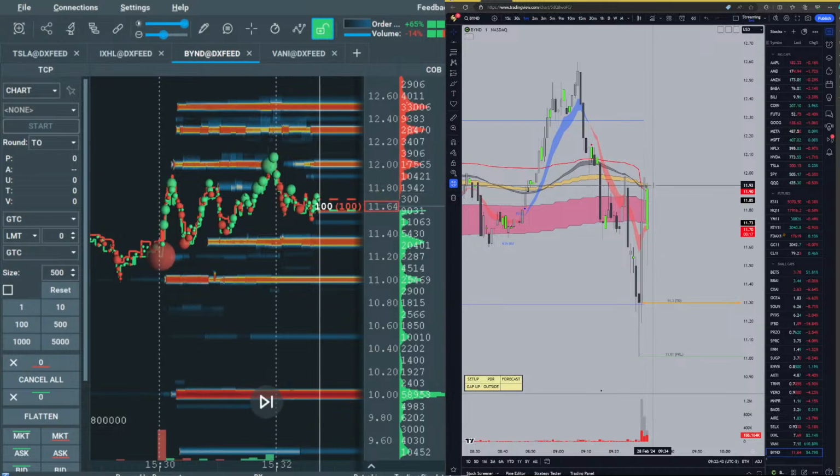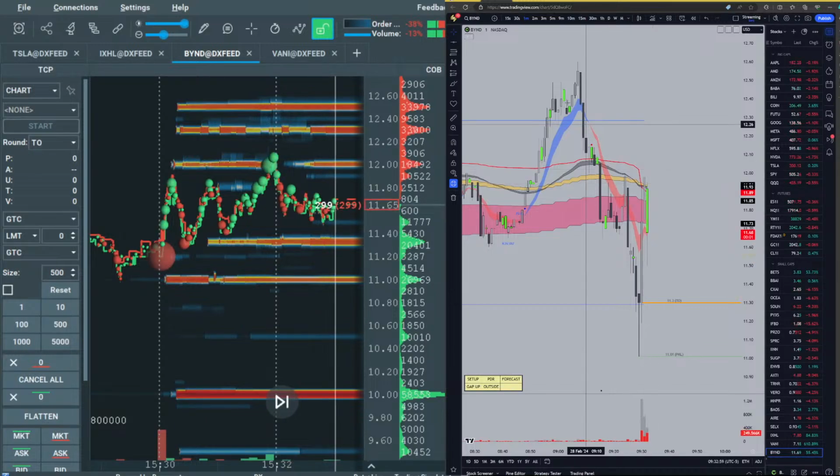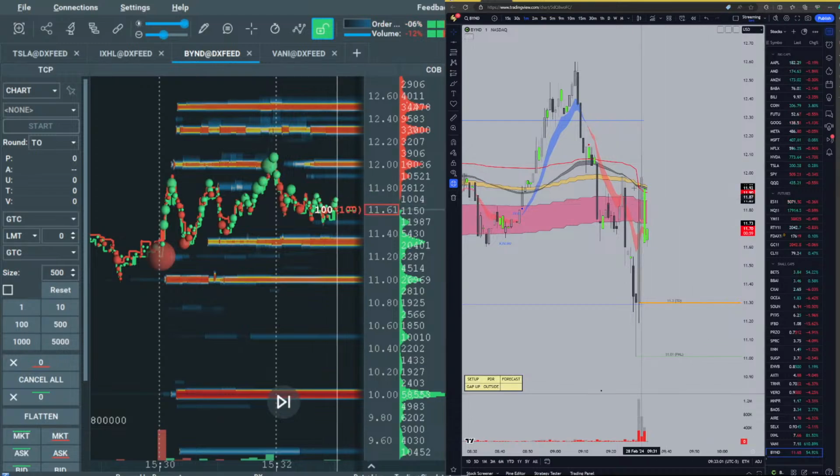You can see that support 11, 1140. So if now I actually start seeing a reclaim of 12 and a cup on 12, then I'm looking to long over here on BYND. For now, patience, we have to wait.